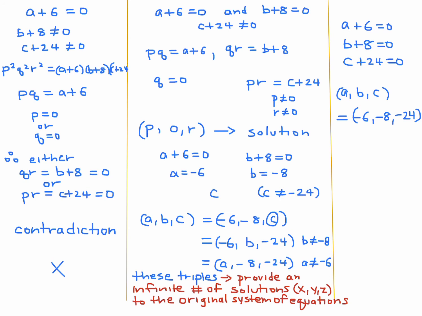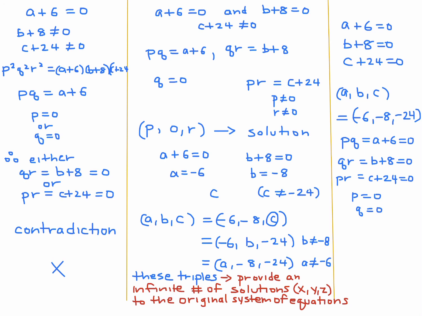And the reason is because A plus 6, if you remember, was PQ, and we're saying that A plus 6 is 0. And then B plus 8 was QR, and we're setting that equal to 0. And C plus 24, which was PR, we're setting that equal to 0. And this will be true if P equals 0 and Q equals 0. So R can be anything.